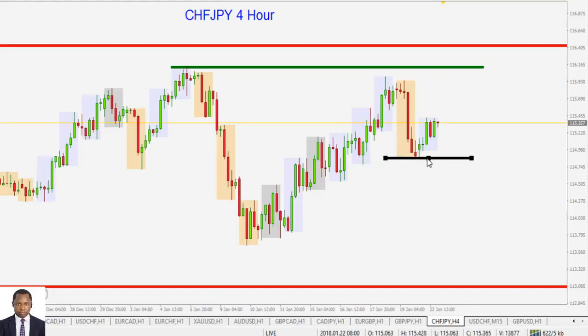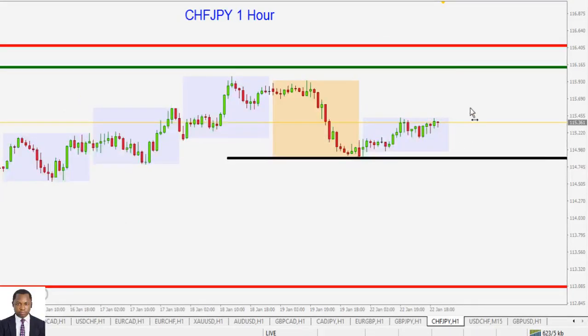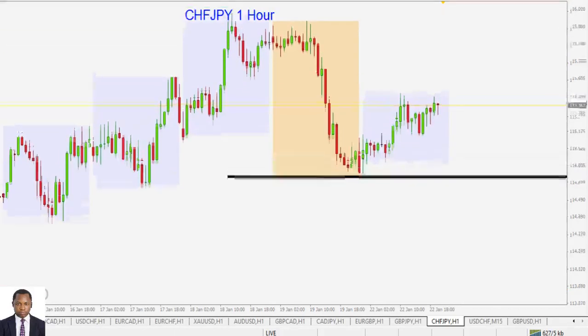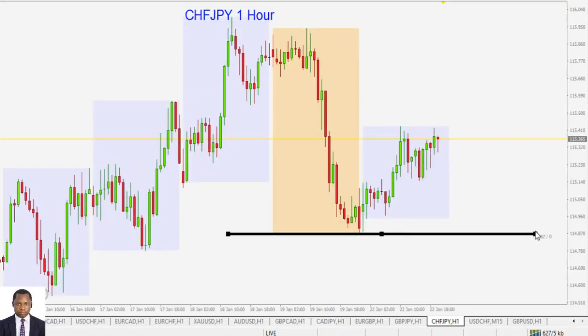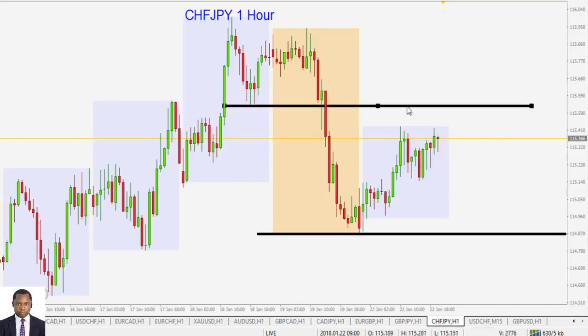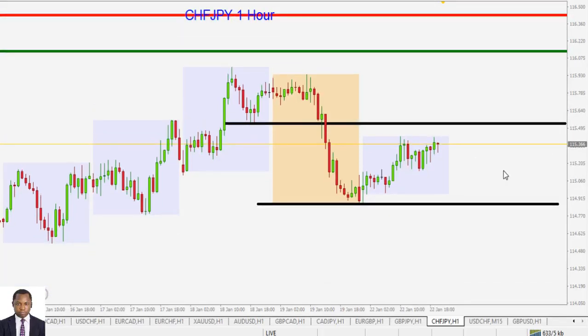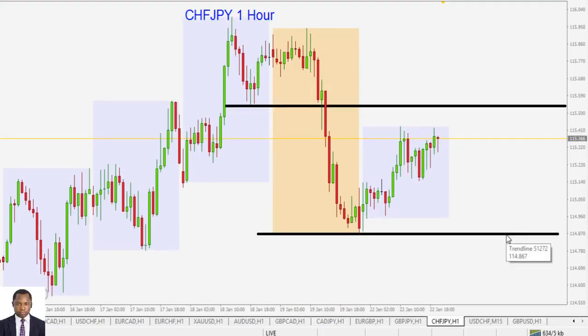You can keep this. And this one here as resistance. All right, so still yet no valid setup for us in the forex market.